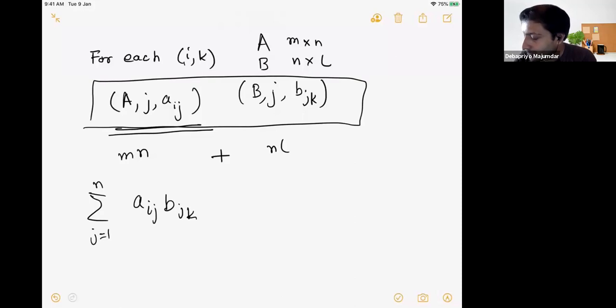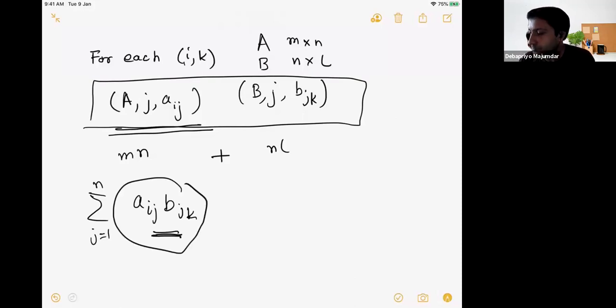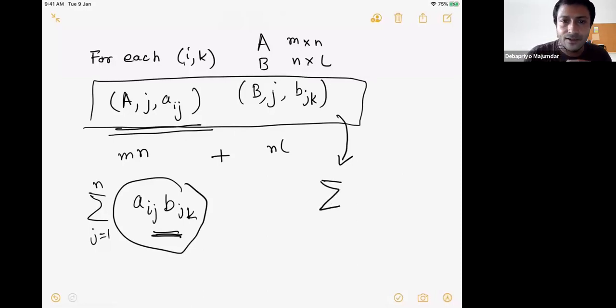It may be that some A_ij is followed by some B_jk with a different j. So we need to group them by j first to be able to do the multiplication. Once that is done and we have done the multiplications, then from this we can do the sum. So that's why you need to sort by j first, to do the multiplication A_ij B_jk.